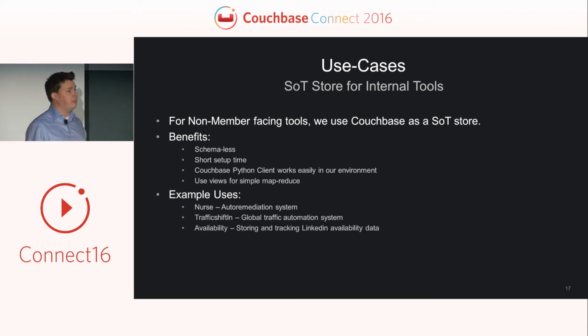What the traffic shift tool does is gather a metric once, and then cache it into Couchbase. I know that it can scale really easily, and I don't need to build out my infrastructure to serve a huge amount of reads. I can let Couchbase do all the hard work for me.